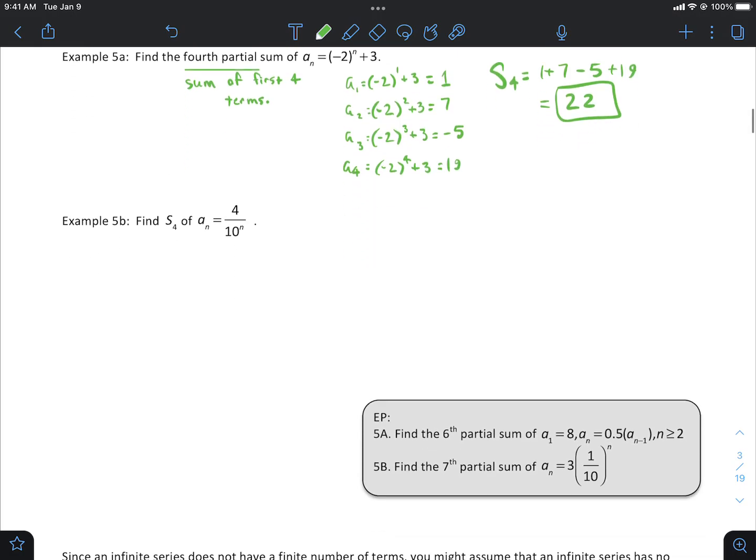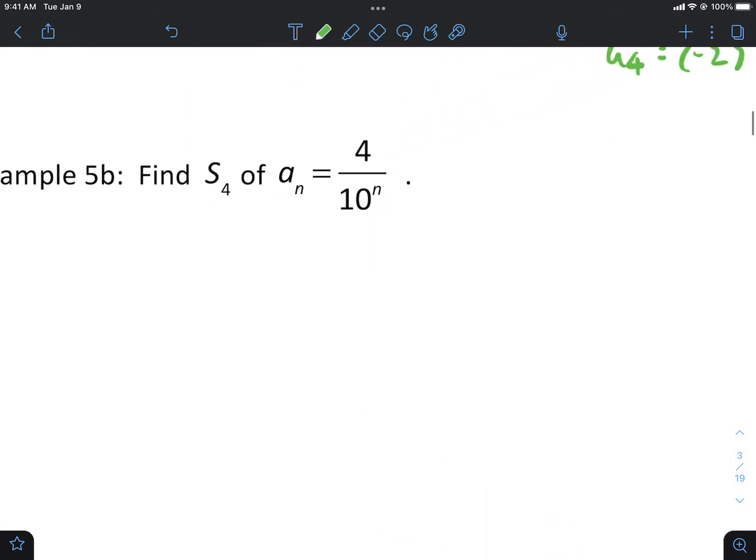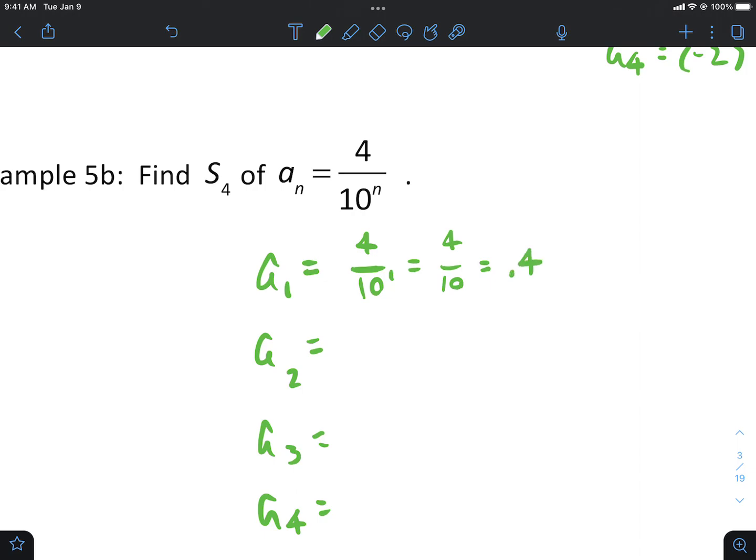Next one, this one's kind of a weird one. Find the partial sum of the first 4 terms again. So we're going to find A1, A2, A3, A4. Okay, A1: 4 over 10 to the first, which is the same thing as 4 over 10. That is 0.4.